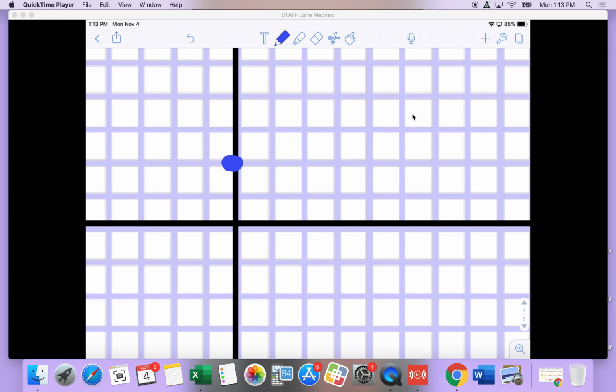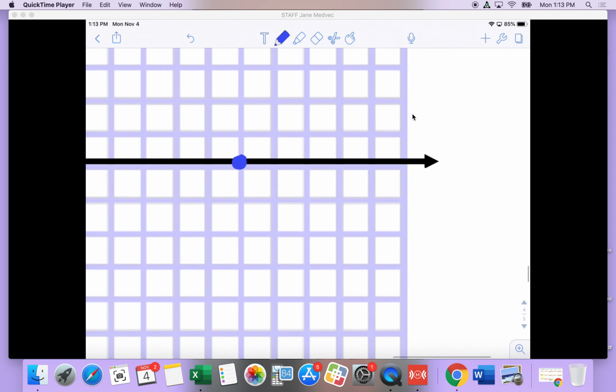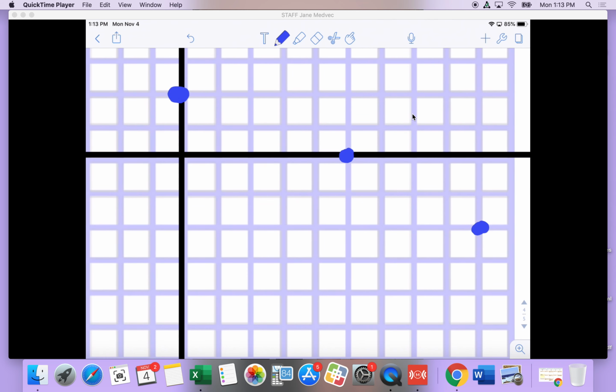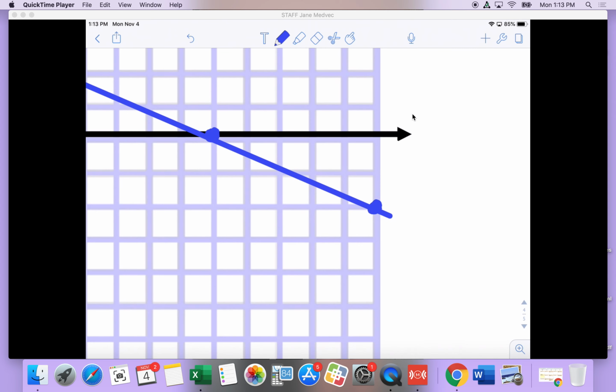Down 2, right 5. Down 2, right 5. Nope. Need one more. Now, make sure you put arrows on them.